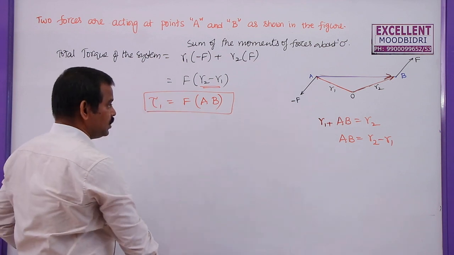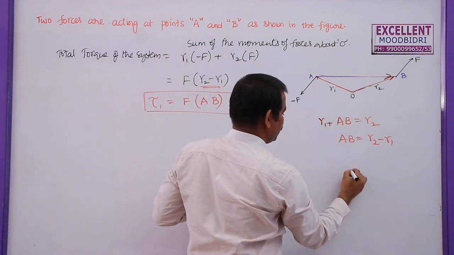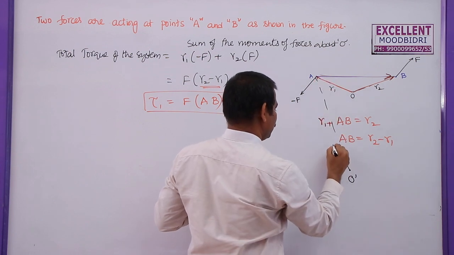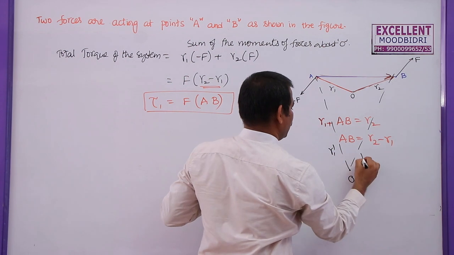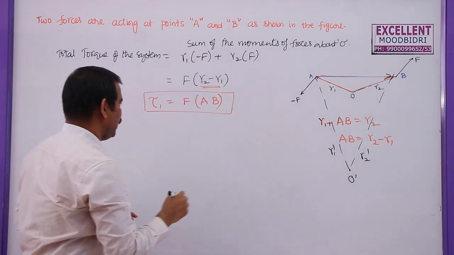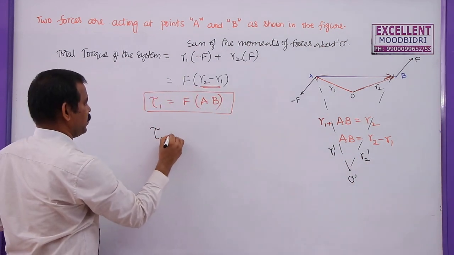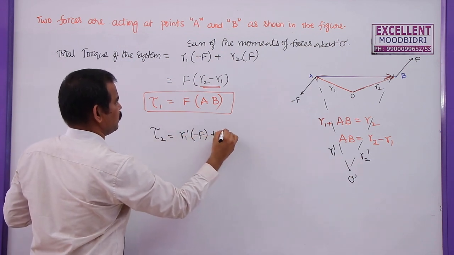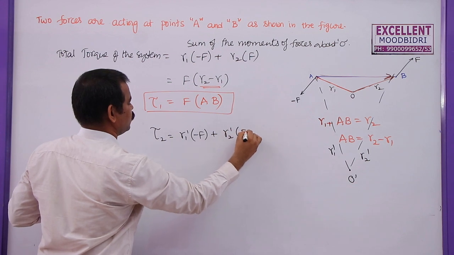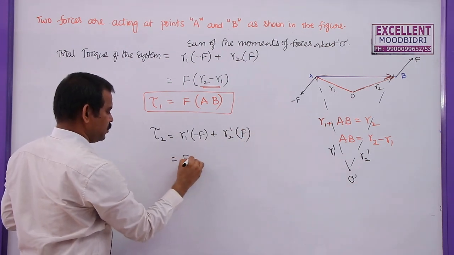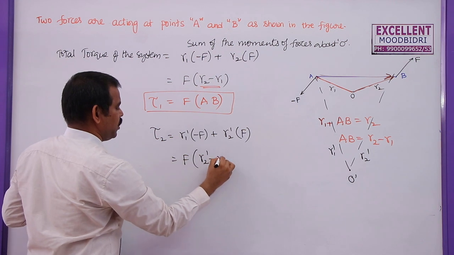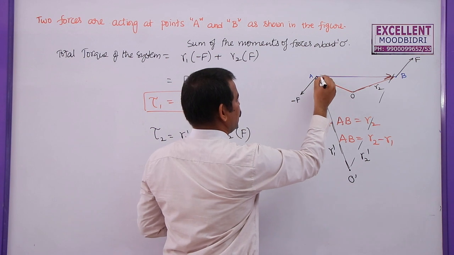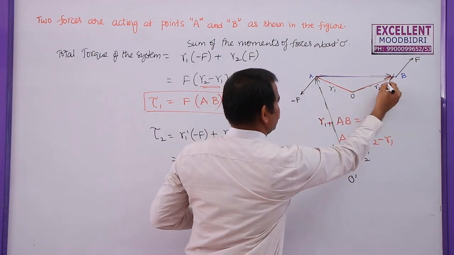Suppose you consider this point somewhere here, O dash, then this will become R1 dash and this will become R2 dash. Then also the torque is given by T2 equal to R1 dash into minus F plus R2 dash into plus F. Here also you can take F common, R2 dash minus R1 dash. Once again, this is the first vector, this is AB and this is the next vector.